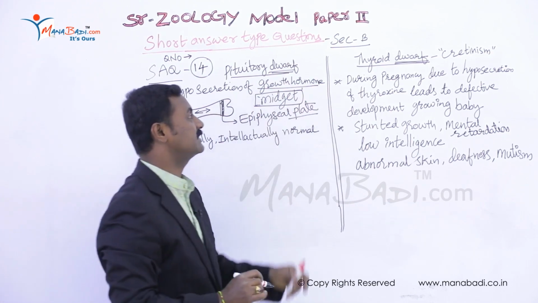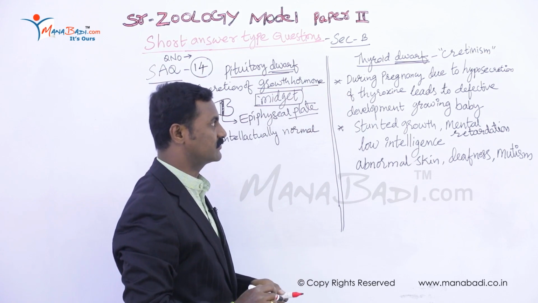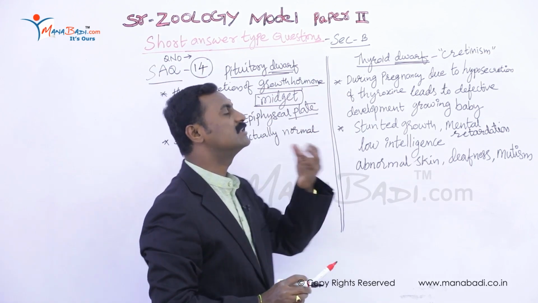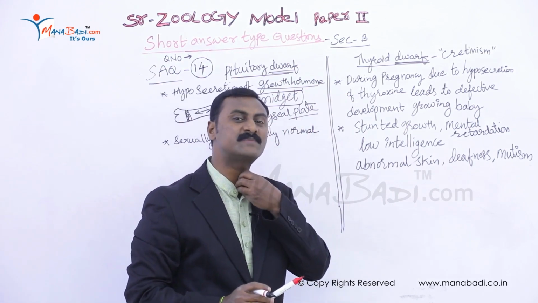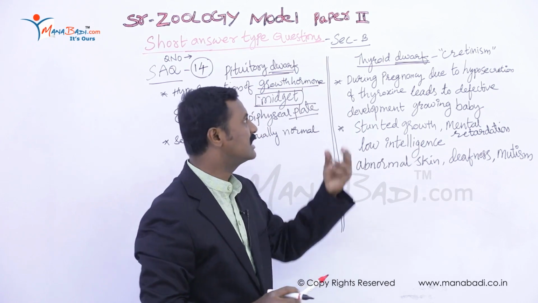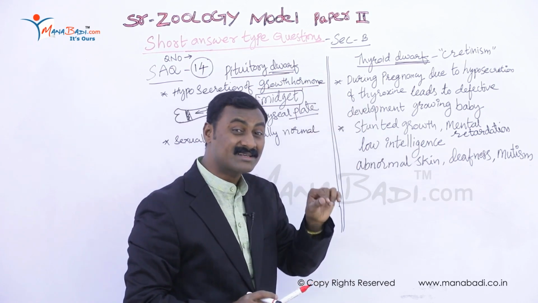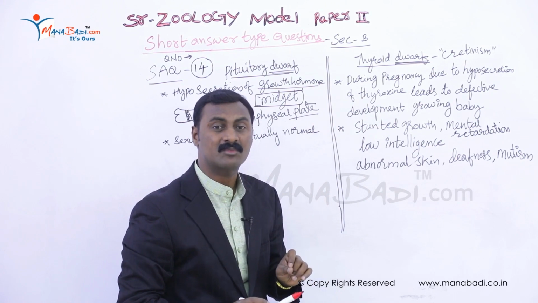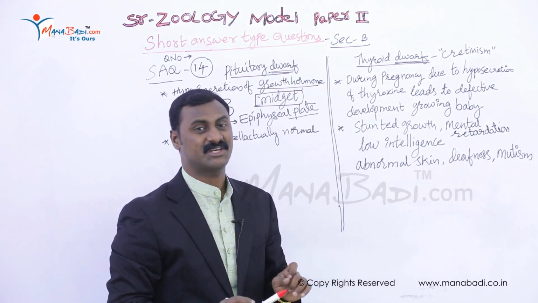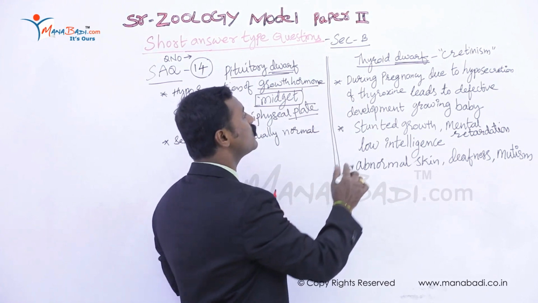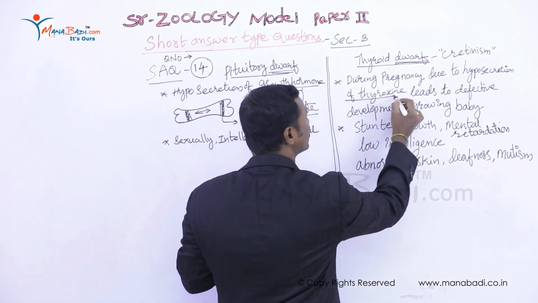Coming to the next category, thyroid dwarf. The thyroid gland is present in the neck region. Here the thyroxine hormone is secreted only a little, because of hypothyroidism.